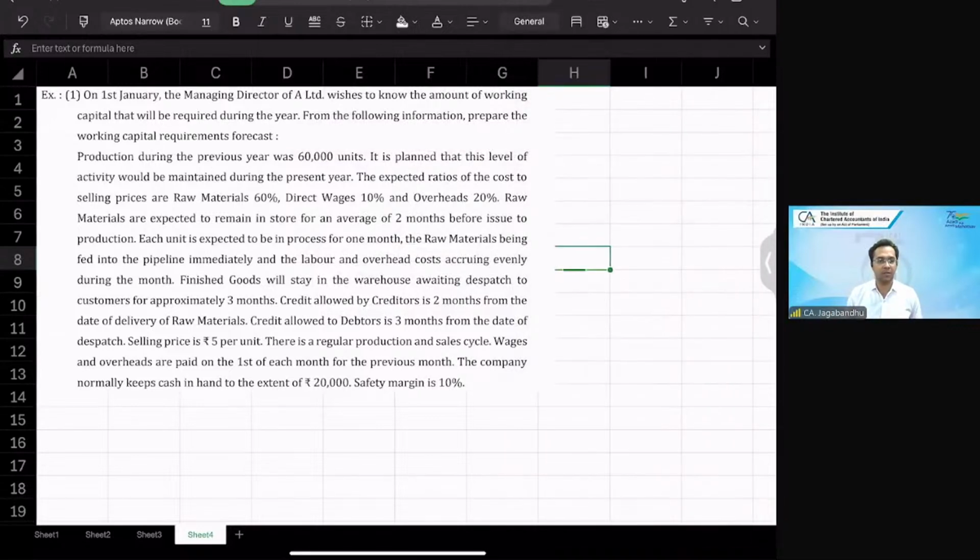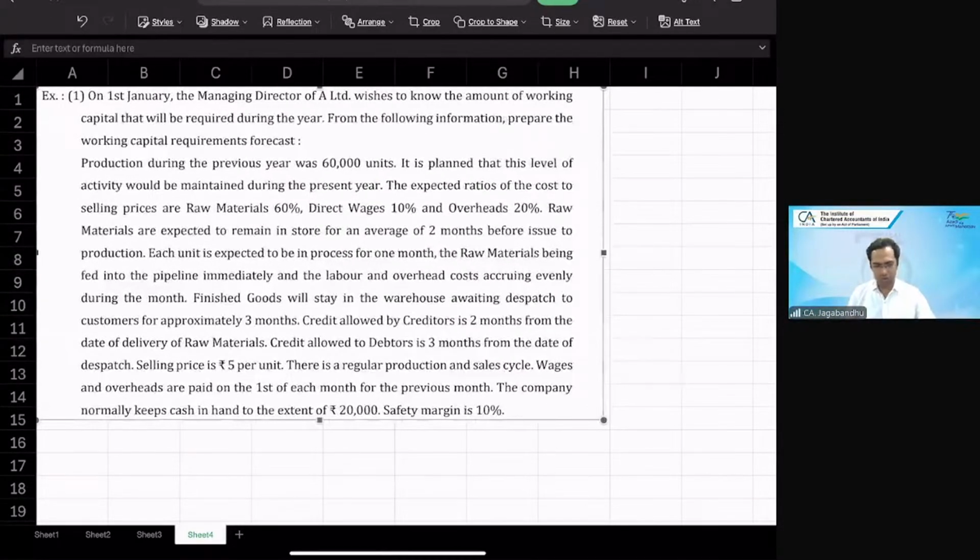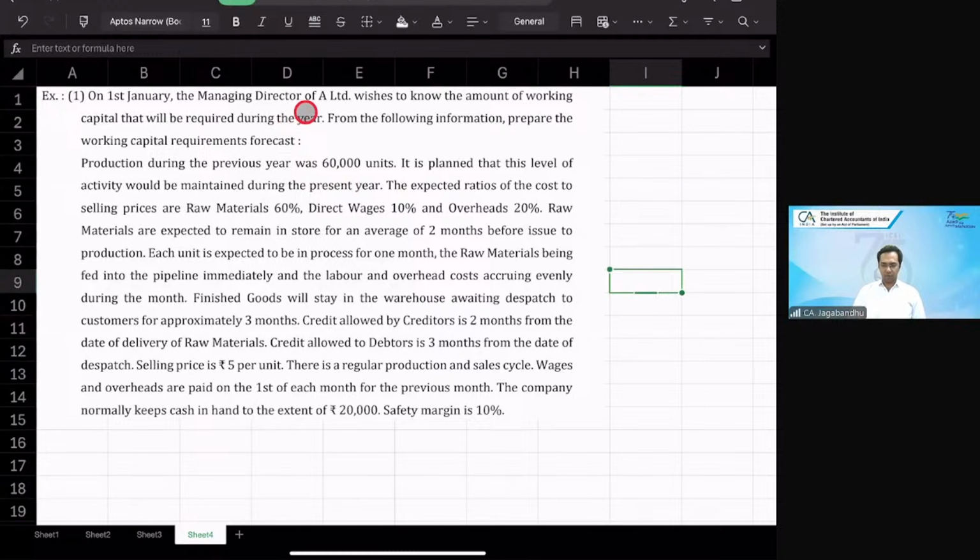Okay, so here we have this typical question for us to calculate the workings. Let's say on 1st January, the managing director of A Limited wishes to know the amount of working capital it will be required, for the working capital forecast.